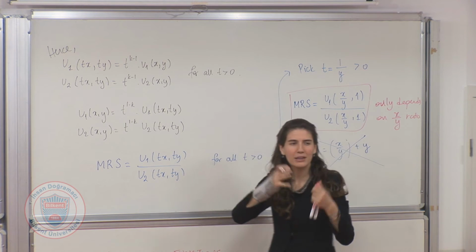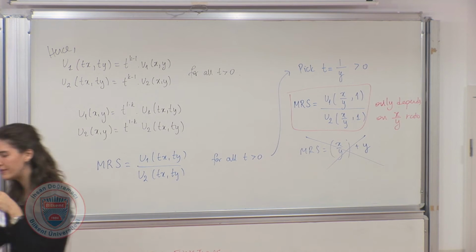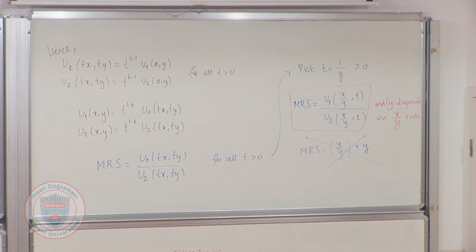But as I said, it might depend on some parameters of the utility function and such, but x and y don't appear by themselves, okay? They would always appear as ratios. So what is important is actually that, okay? Now, this is basically what we meant by this.